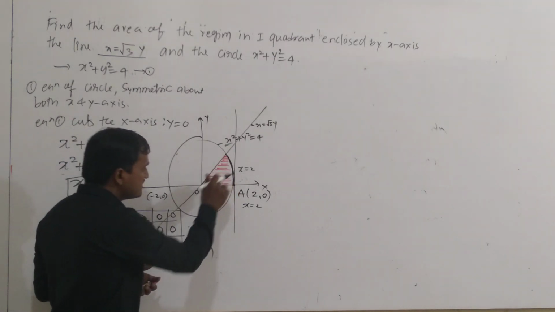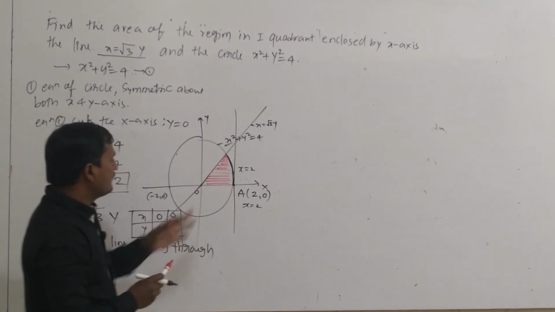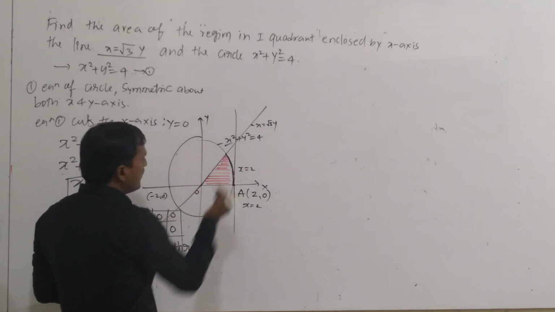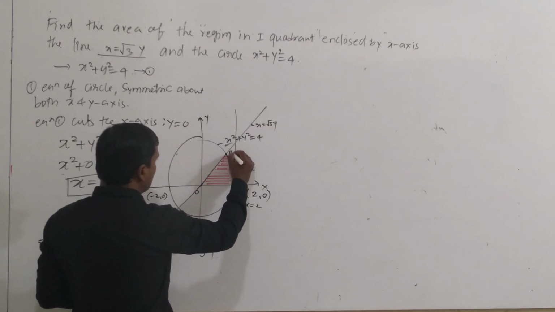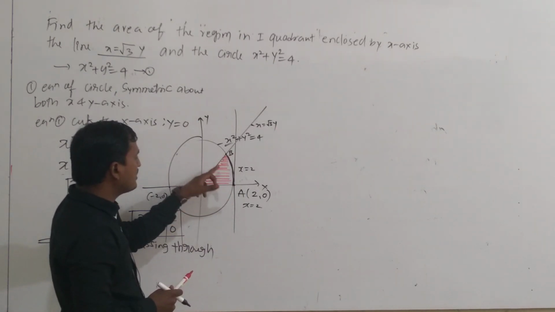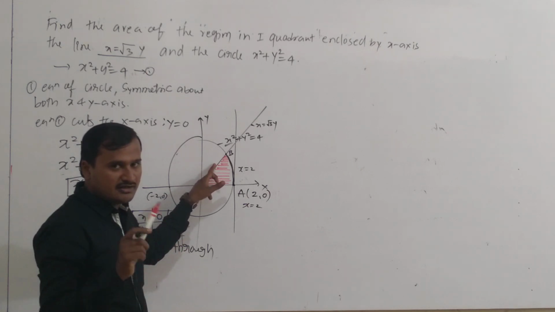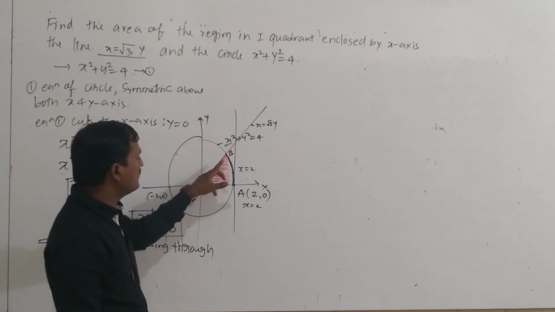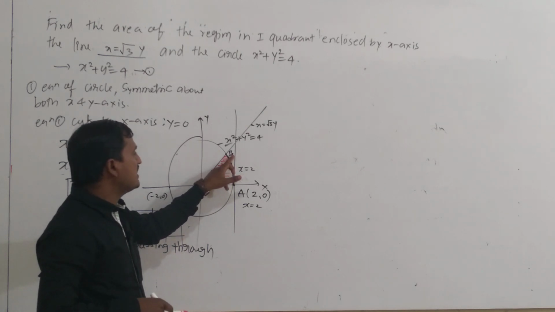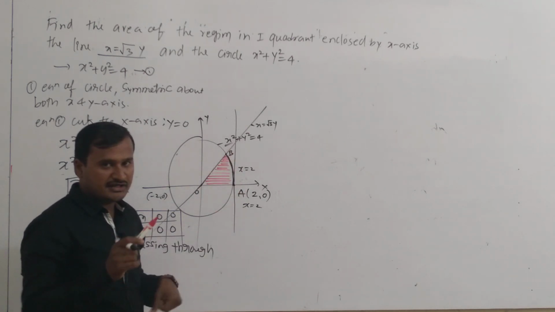Now I should find this area only. At this point, which I will call B, both the circle and line intersect.